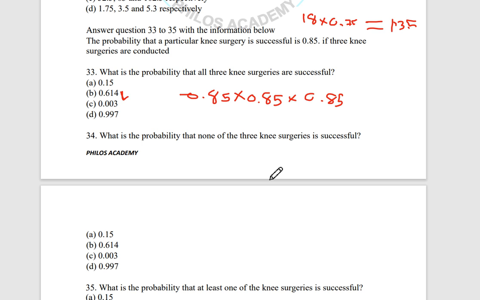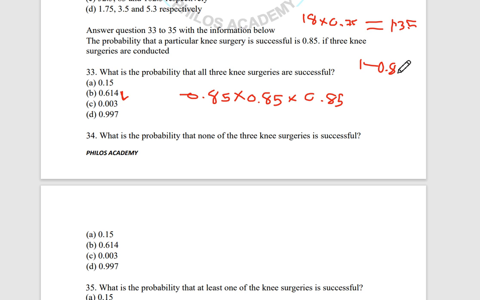Now, to be able to solve this properly, none is successful. You'll be wondering, what's the probability that one will not be successful? If the probability that one is successful is 0.85, then the probability that one will not be successful should be 1 minus 0.85. Remember that principle.